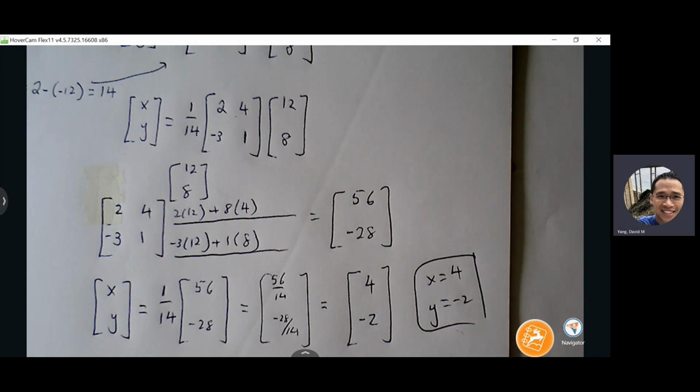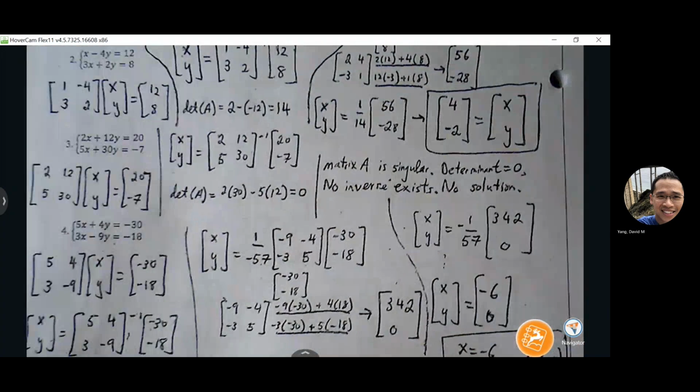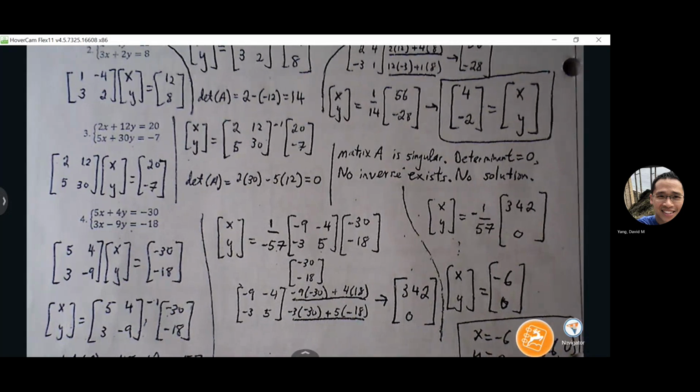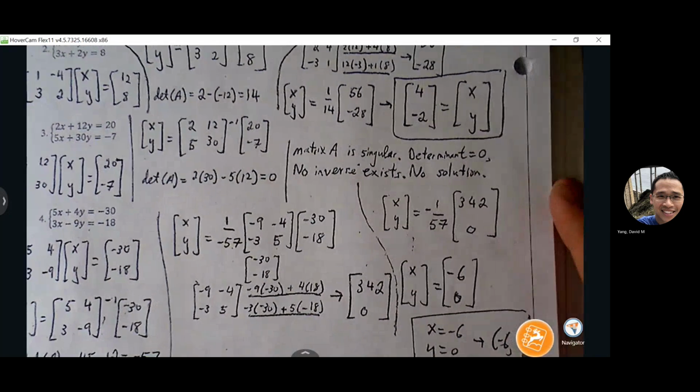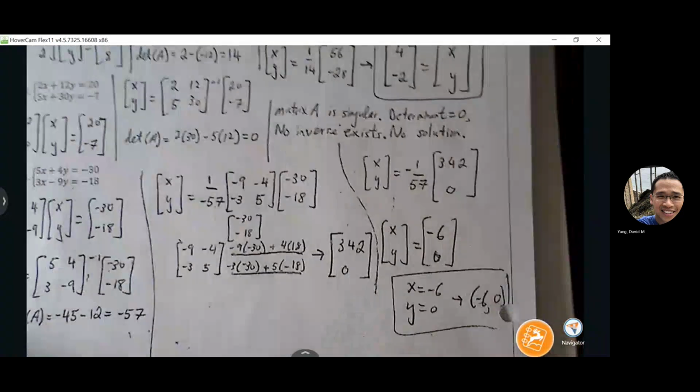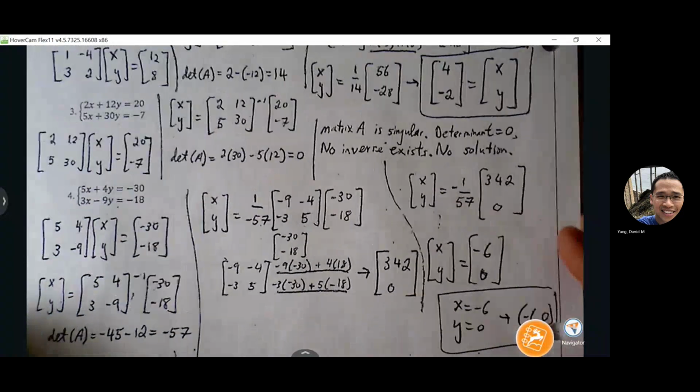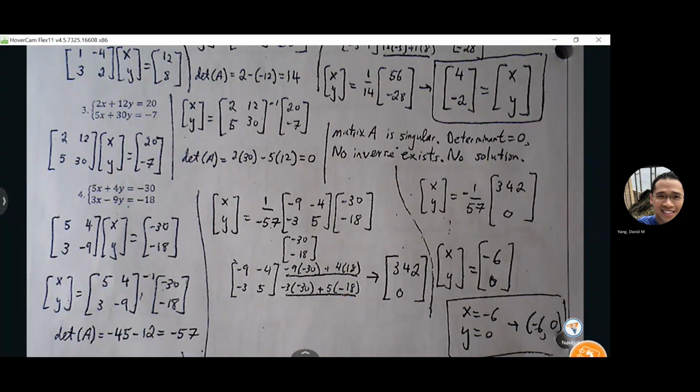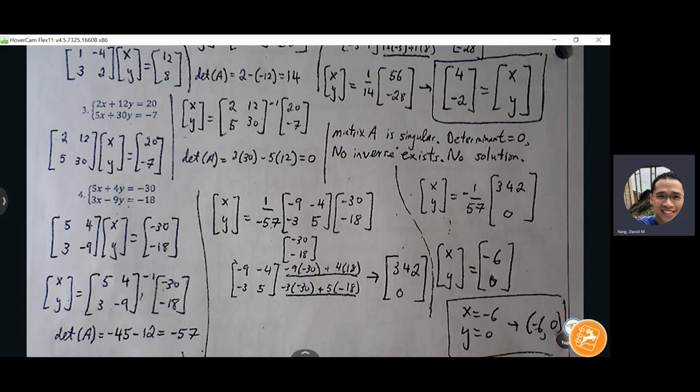Okay, so I would just like for us to get through number 2, 3, and 4. If we can just get through these problems, get enough practice, I think that would be good for today. If there's no inverse for A, I don't know if there's no solutions.